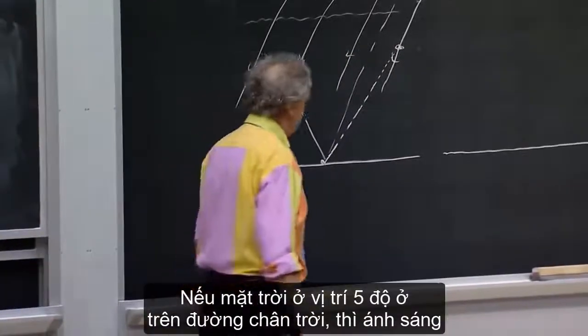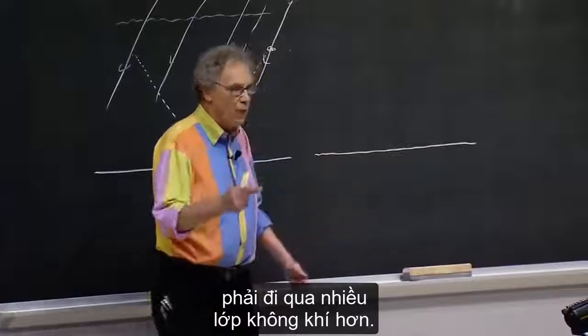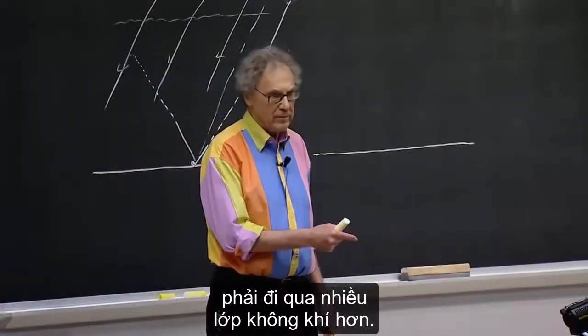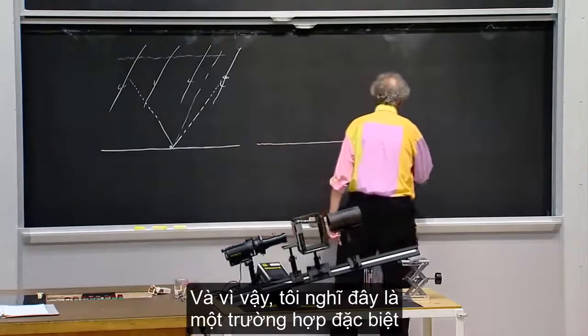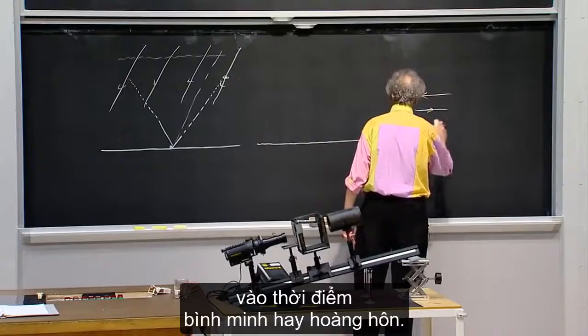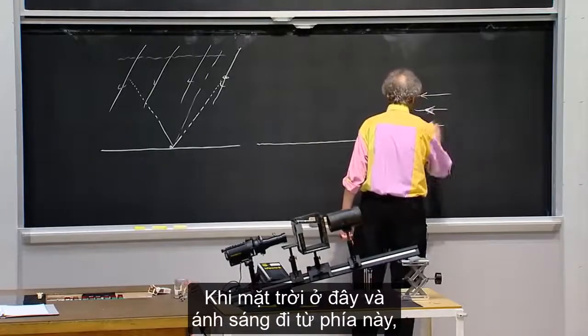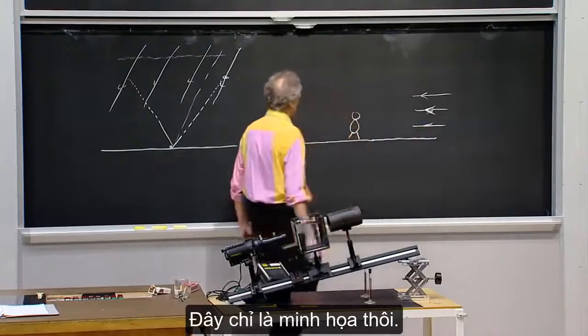If the sun is 5 degrees above the horizon, then the sunlight has to travel through a lot more atmosphere. So I take here a situation which is extreme, when we have sunrise or sunset. So the sun is there, and the light comes from this side, and you are standing here. This is not to scale.